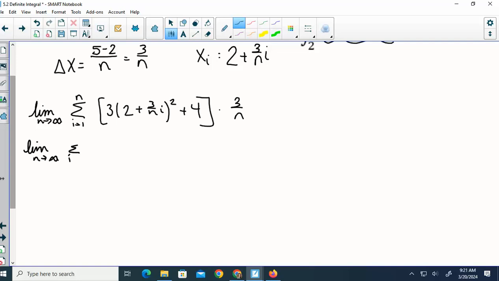Squaring that. Okay, to square means we have this written twice. 4 plus 6 over n i plus 6 over n i, so 12 over n i.